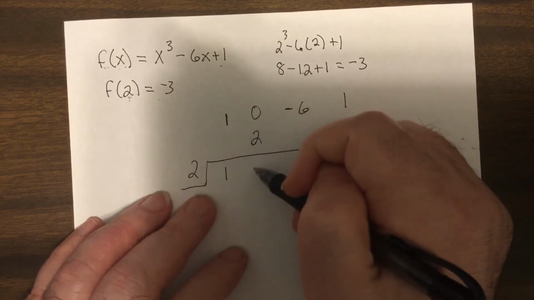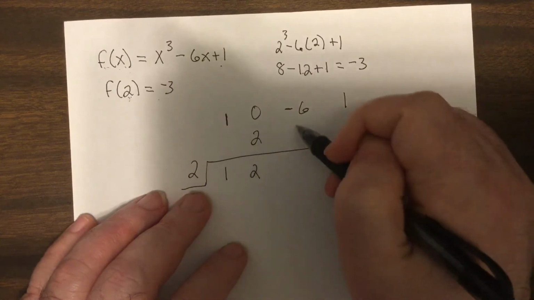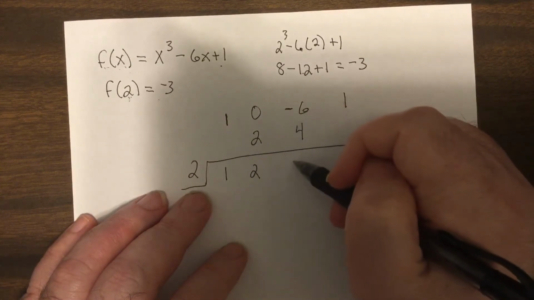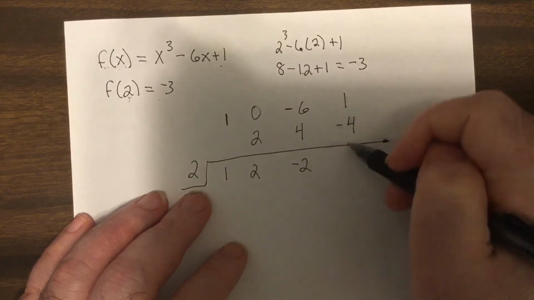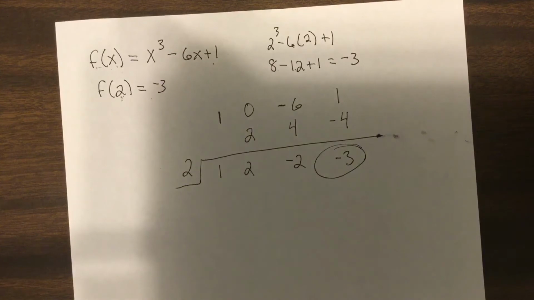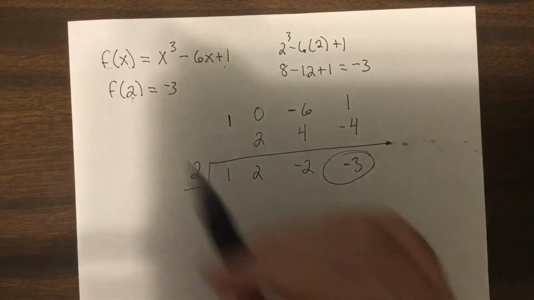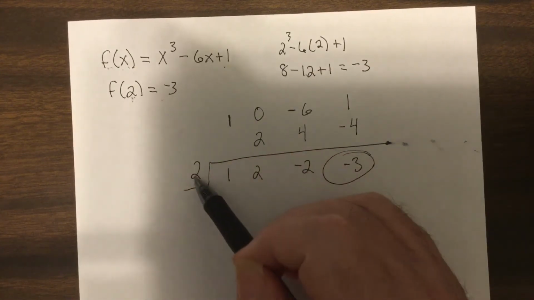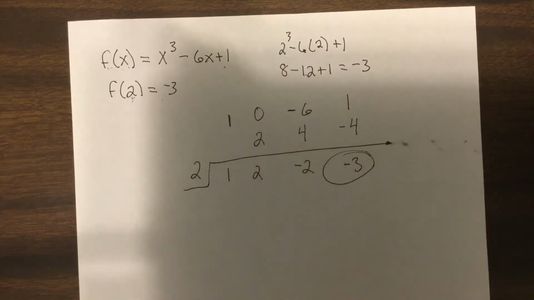Bam. Bam. So add, that's 4. That's negative 2. That's negative 4. Plus 1, that's negative 3. Notice what the remainder is. The remainder will always be what you would put in. When you put this in for x in the function, that's what you'd get when you get it all out.